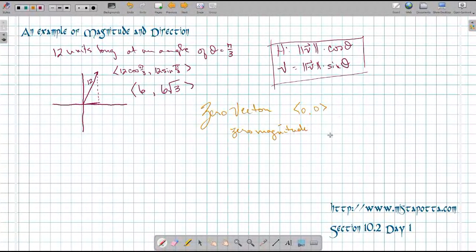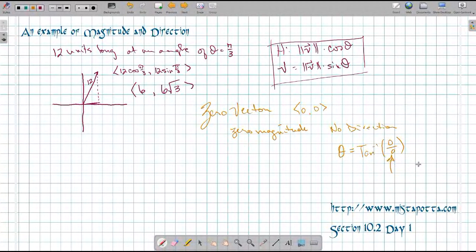But we actually have no direction. And more than no direction, this is actually an indeterminate direction, because following the formula, theta should be tan inverse of my vertical component divided by my horizontal component.